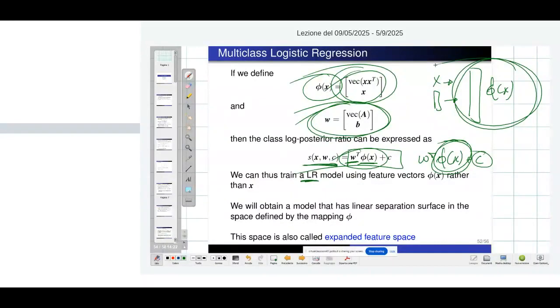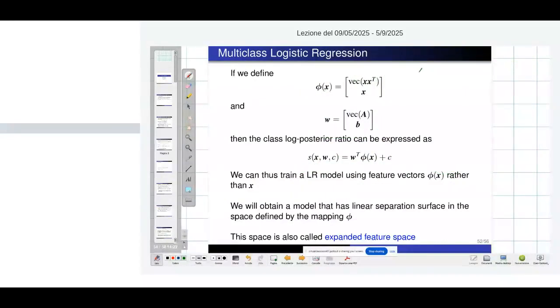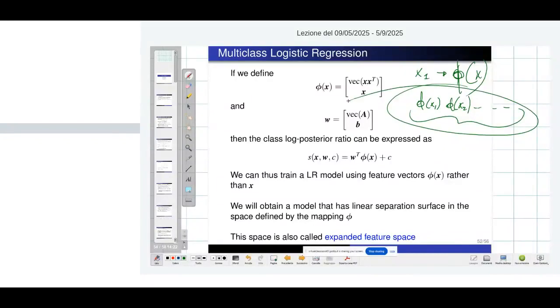That is, I can imagine this corresponds to the following: start with my data set, first perform a transformation of my data with this function phi, and then I will have my vectors phi of x1, phi of x2, etc. Then, using this new data set of the vectors phi, I will train a linear logistic regression model. So I will train a linear model over a set of transformed features.